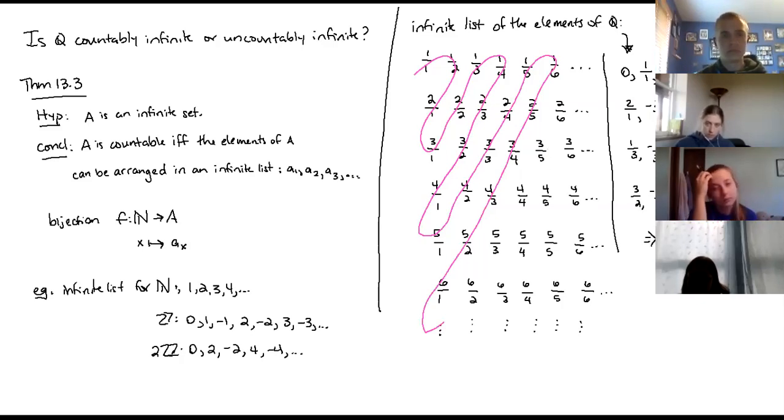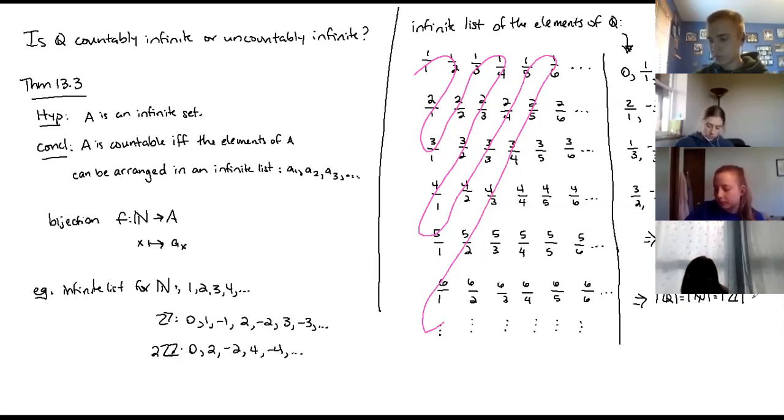And therefore, that tells me Q is countably infinite. I've listed out all my elements of Q. We're good to go. So Q is countably infinite. And what this also tells me, and you are really not going to like this, but that's okay, is that the cardinality of Q is equal to the cardinality of the natural numbers and also equal to the cardinality of the integers.